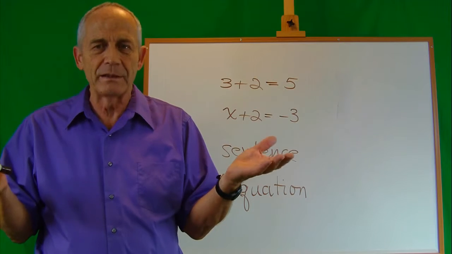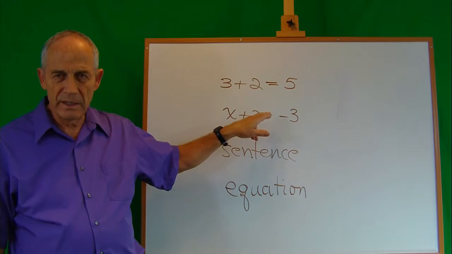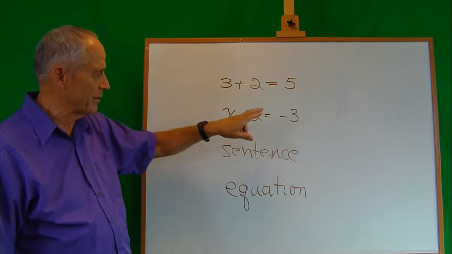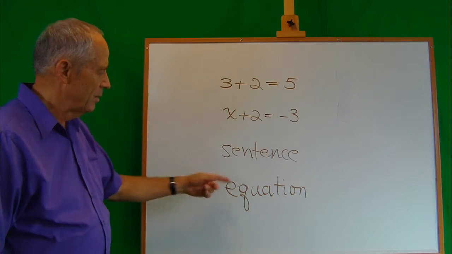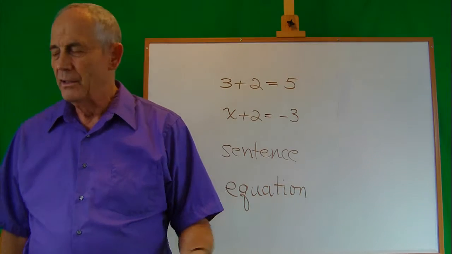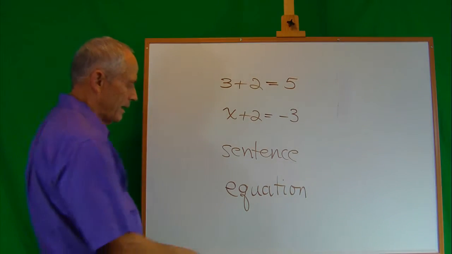That is a complete thought. So any time we have a mathematical expression and we add an equal sign and something that completes the thought, what we have is called an equation. So this is an example of an equation.